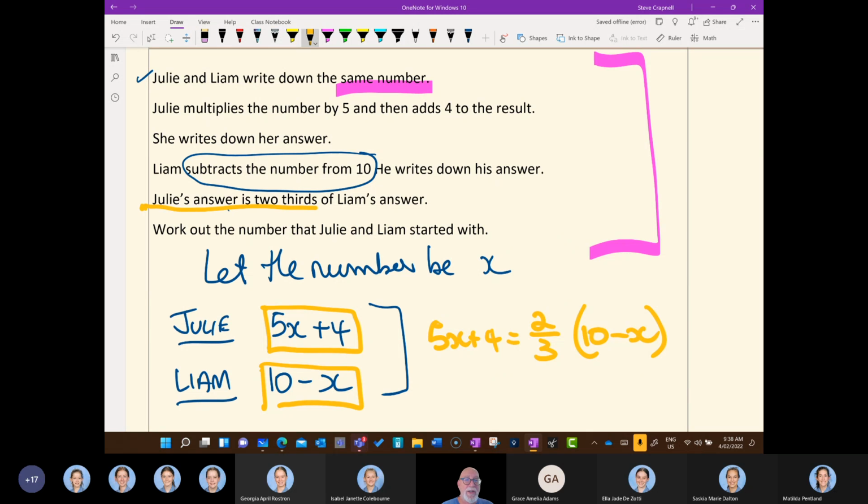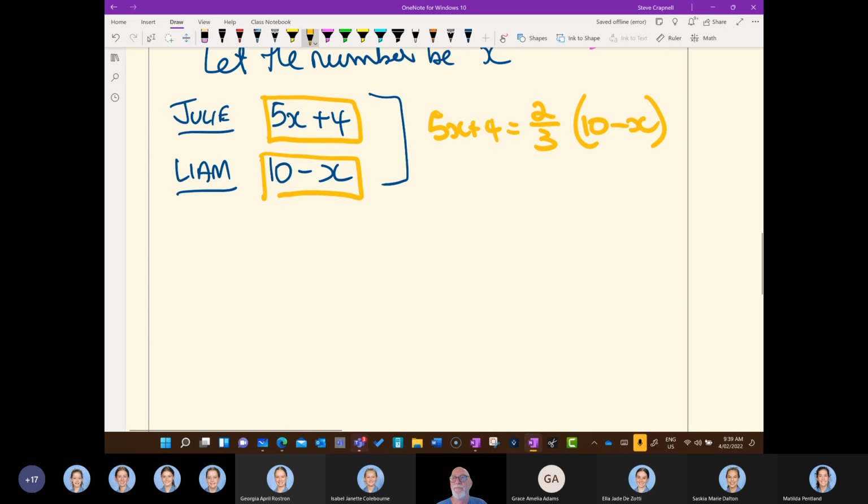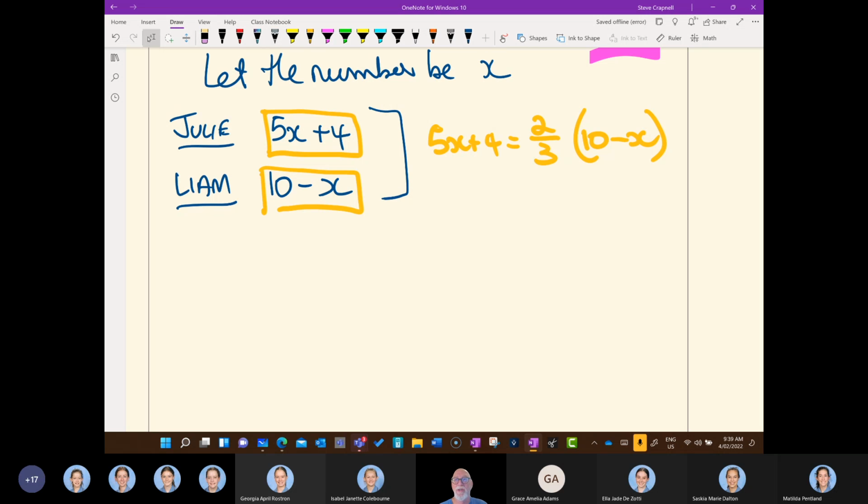That's the tricky line. And that's why I look at my setting out. It's clear, it's concise, and it makes it easy for it to be put together. Right? So there we have it. Let the number be x, translate it, write an equation. Now we just get to work and solve.